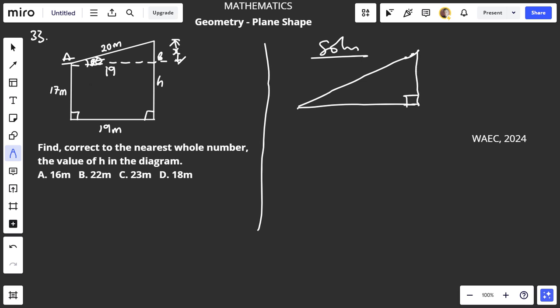The reason is that here is 90 degrees. Since this line is parallel to this line, this angle is alternate to this, so here is our theta.